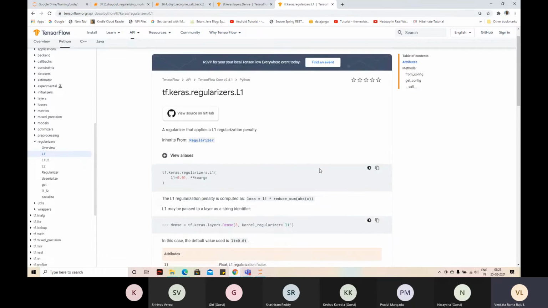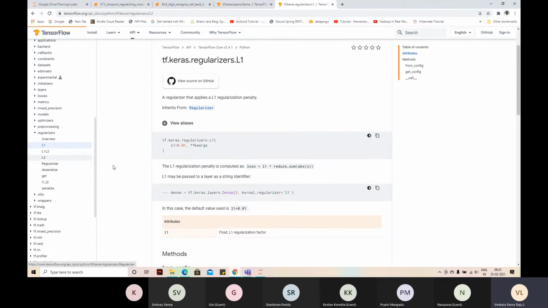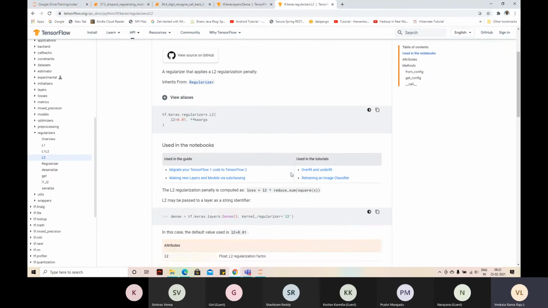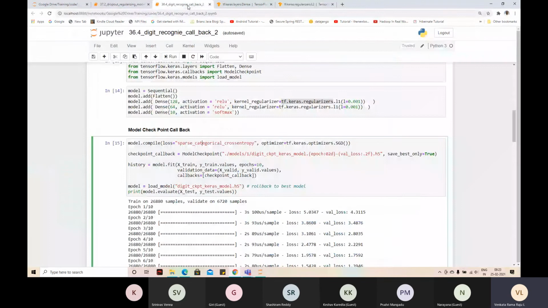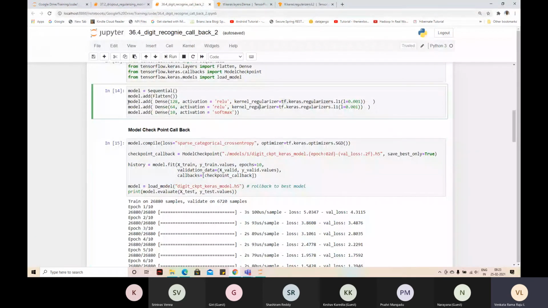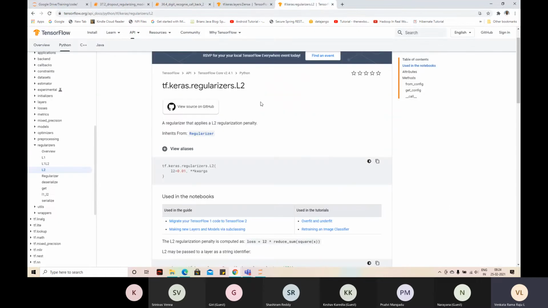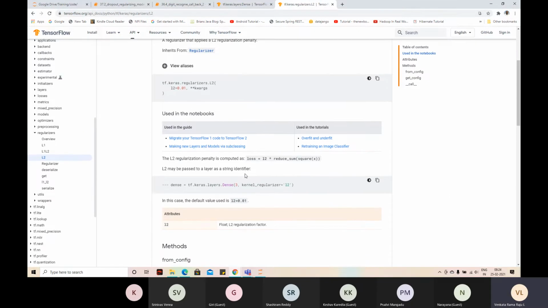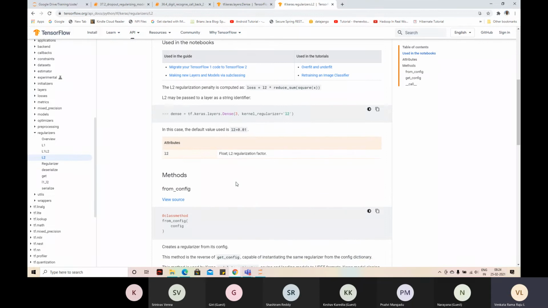Have a look at it, you will get clarity. Definitely you need to look into that. So how do you do it? In a dense layer, you have the number of nodes, activation function, kernel regularizer or activation regularizer, the regularization class L1 or L2, and then the alpha value. In regularization, we call it alpha.